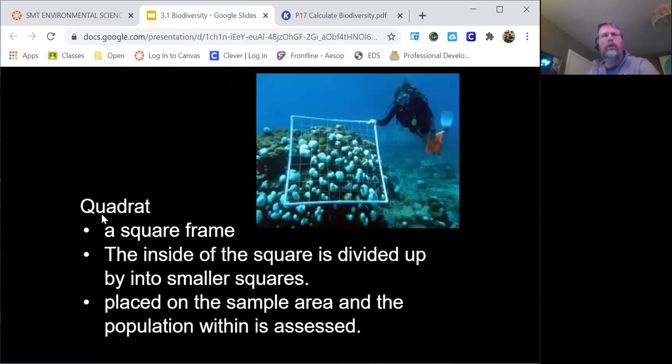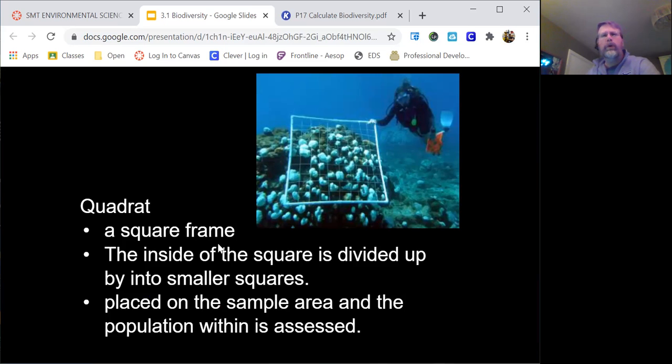What we are going to do is quadrats. Here we see you could do a quadrat system in the ocean on a reef. We could also do a quadrat system in your front yard or at the park or on the sidewalk.